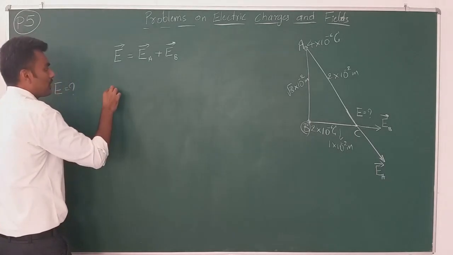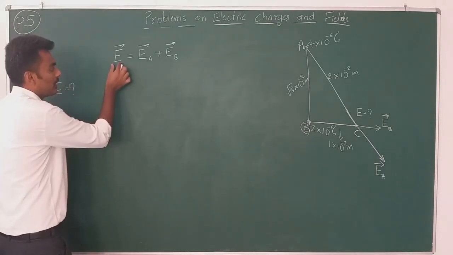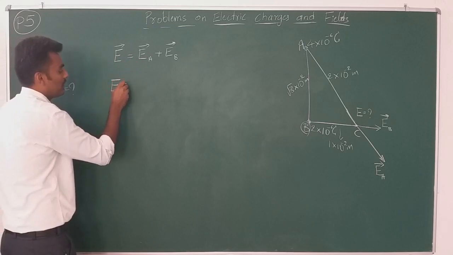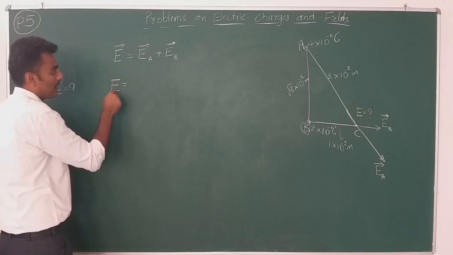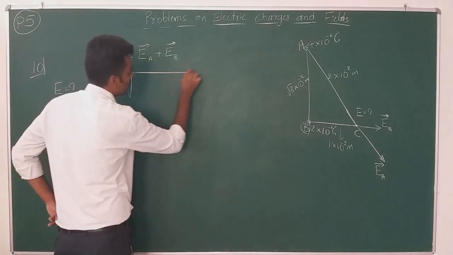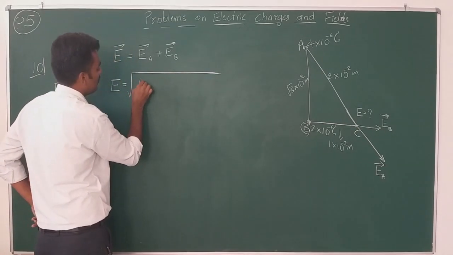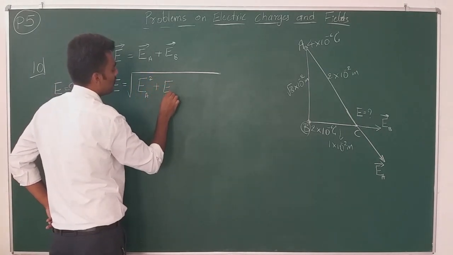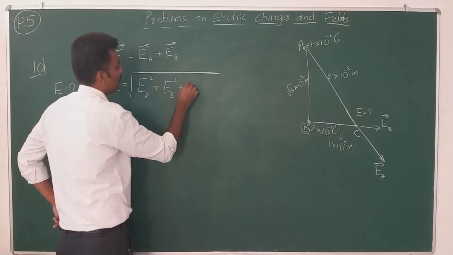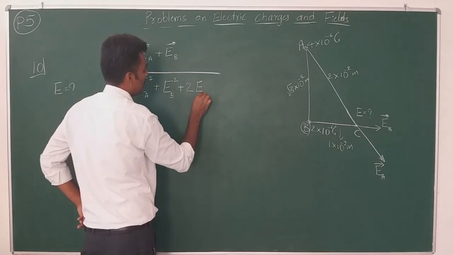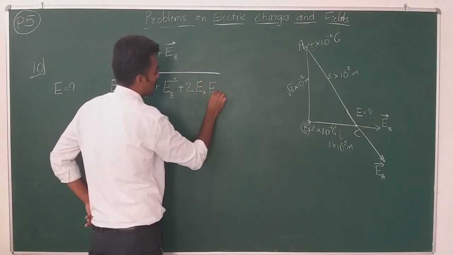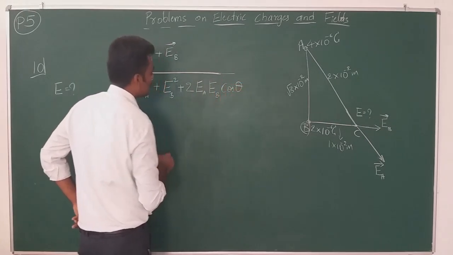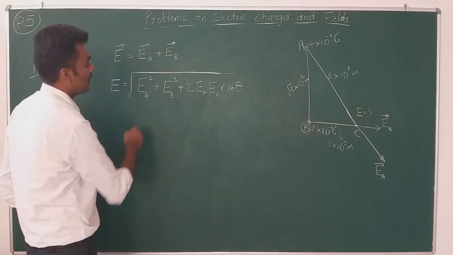Now first, working for the magnitude of E, this is a vector addition. So the magnitude of the net electric field E is equal to root of EA squared plus EB squared plus 2 EA EB cos theta, where theta is the angle between EA and EB.